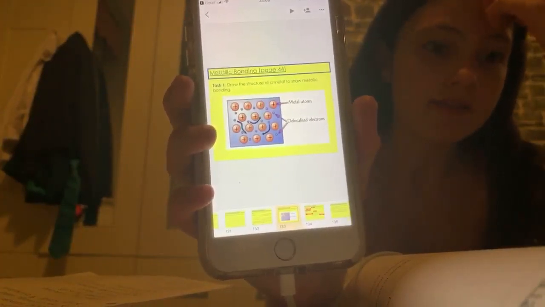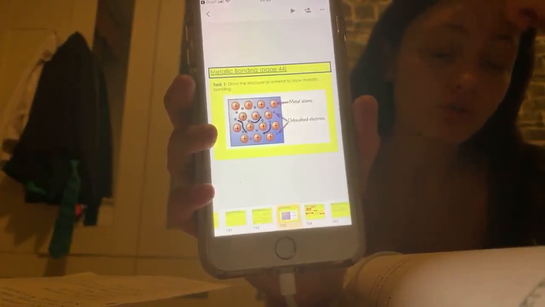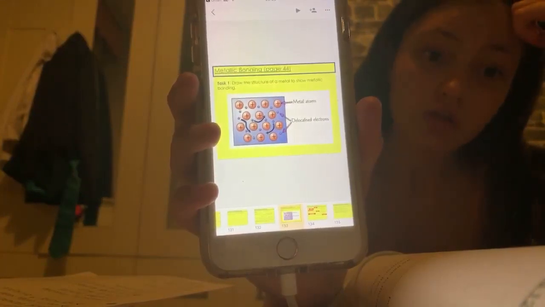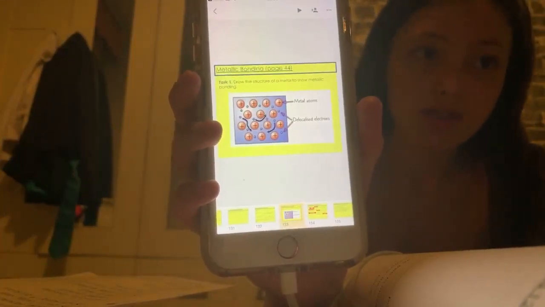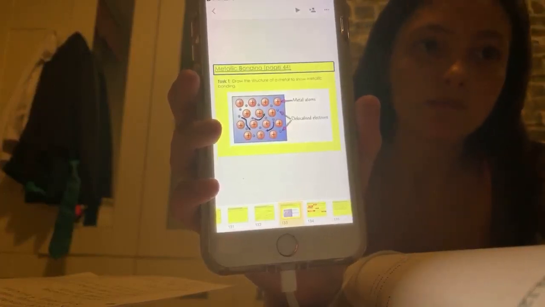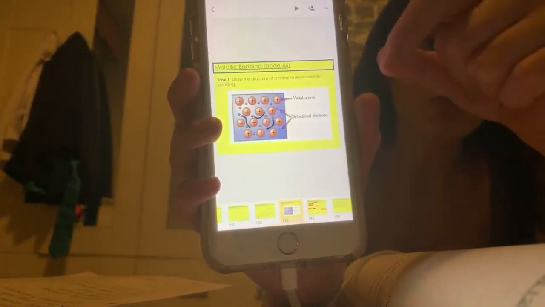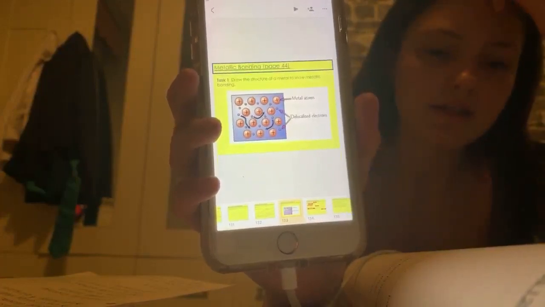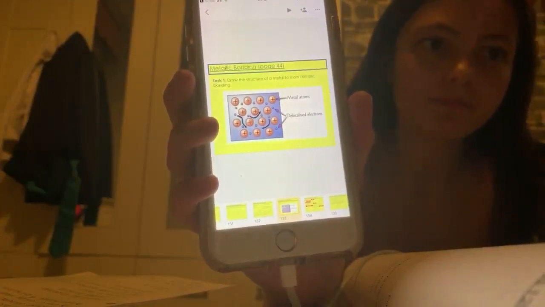So this is the structure of a metal to show metallic bonding. So the positive, as you can see, is the metal atoms, and the other ones are delocalized electrons.